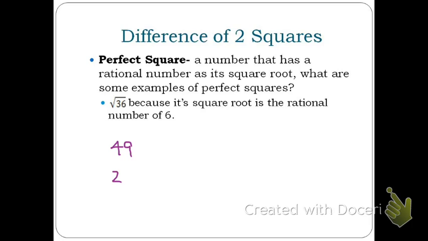Or maybe 25. If you take the square root of 25, what do we get? 5. So these two are also examples. There are many others, but a couple more might be 81 and let's say 64. The square root of 81 is 9, and the square root of 64 is 8.